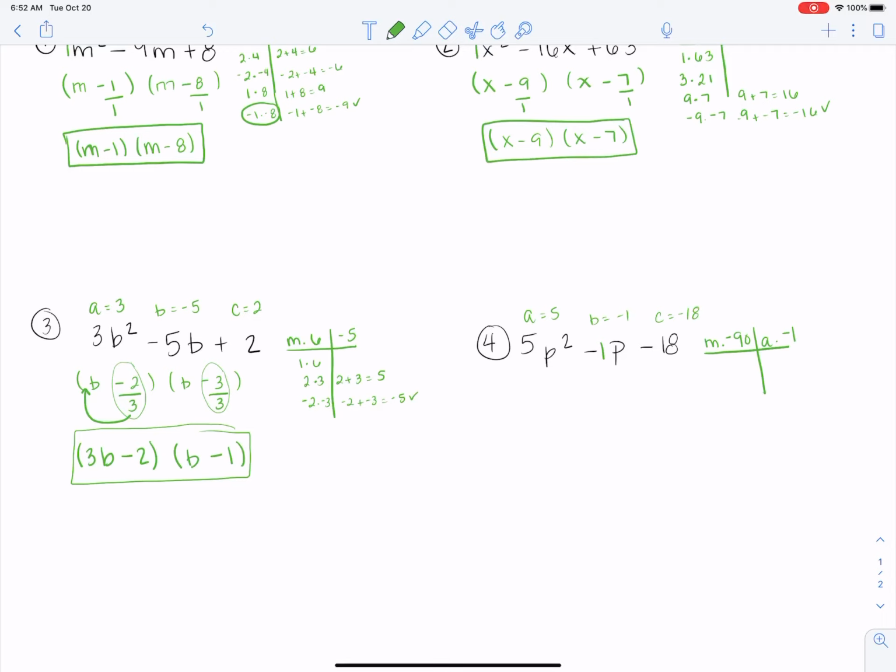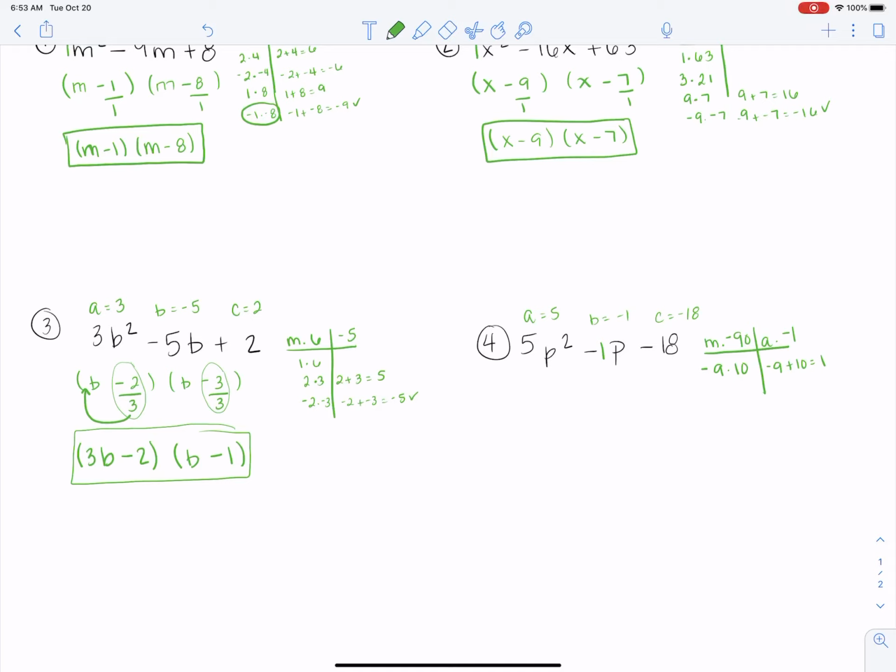When I see 90, the first thing I think of is 9 and 10. But if I need them to multiply to negative 90, one of these needs to be negative. So let's try negative 9 times positive 10 is negative 90, but negative 9 plus 10 is positive 1. That's the right number, but the wrong sign.